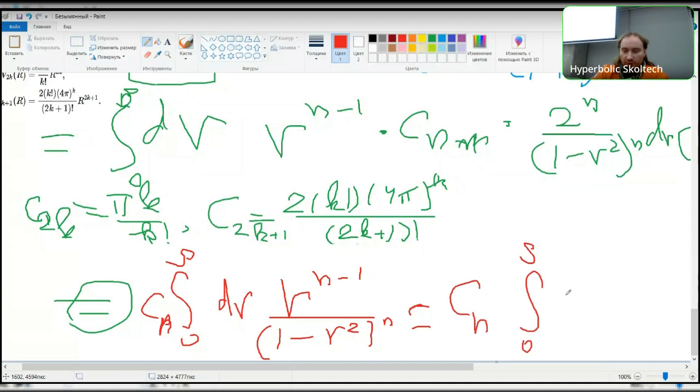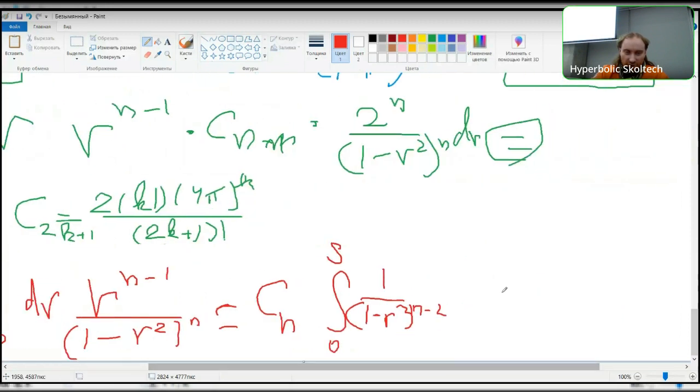So here, actually, these are some integrals that I was integrating for an hour or two. And here is the idea, actually.